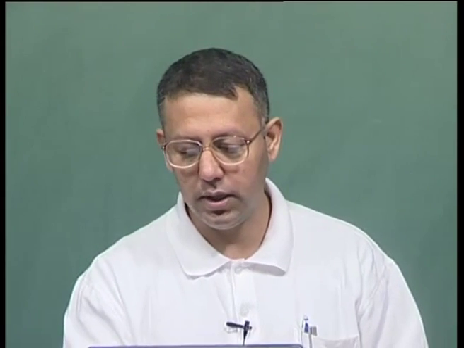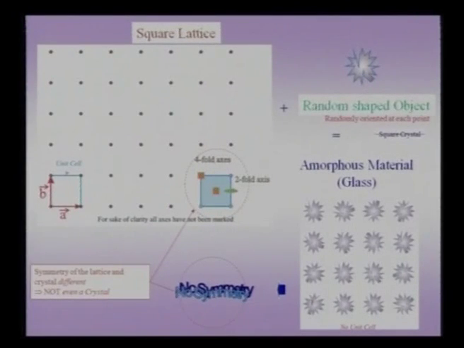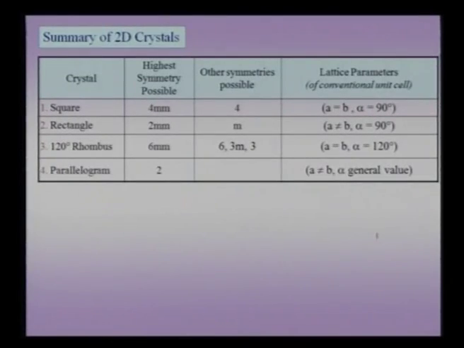For instance, now I see that if the center of mass of this object coincides with the lattice point at each lattice point, I still have something, intuitively it tells me that there is something left in the structure which I can use my language of crystallography to describe, and we will take up that particular concept in a later lecture. So, let us summarize the 2D crystals we have generated so far.